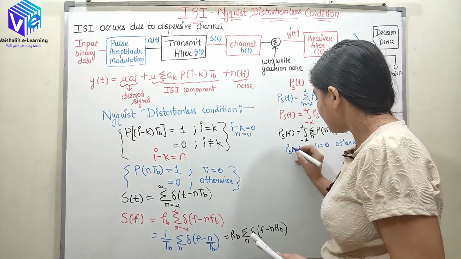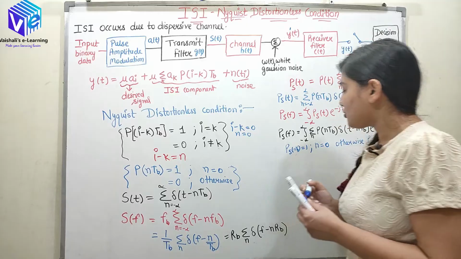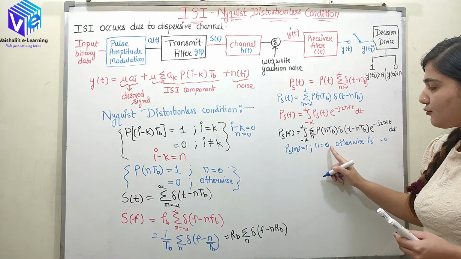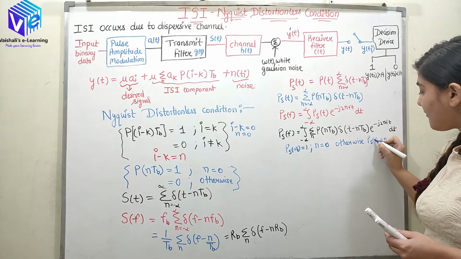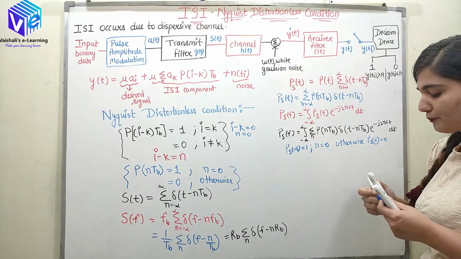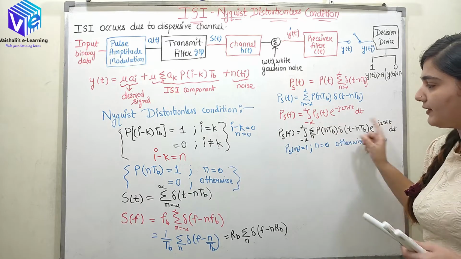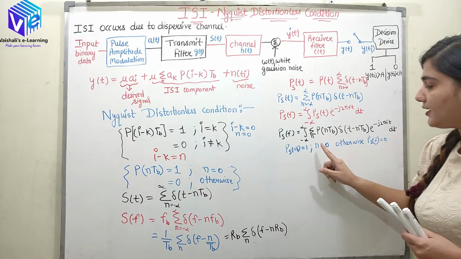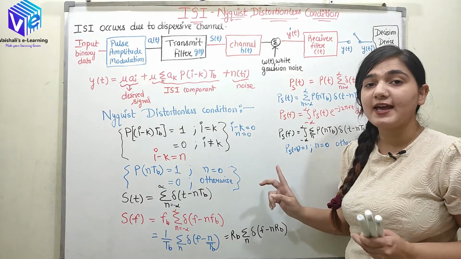So this is P(nTB), sorry. So now P(nTB) is 1 at n equal to 0, and the term will become 0 otherwise because when 0 is multiplied with anything, this will become 0. So now we are not concerned about any n except 0.